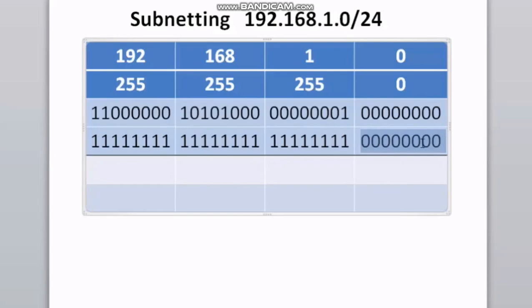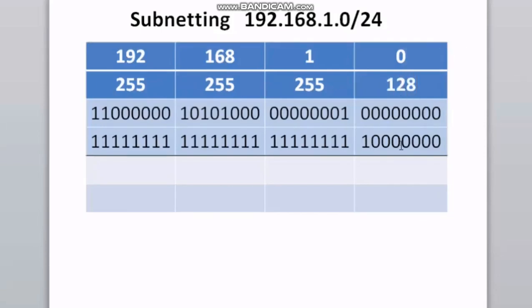This is done from left to right. So I could take this first 0 on the left and change it to a 1. Now I've effectively changed the subnet mask from /24 to /25. If I convert this back to decimal, it's now 255.255.255.128.